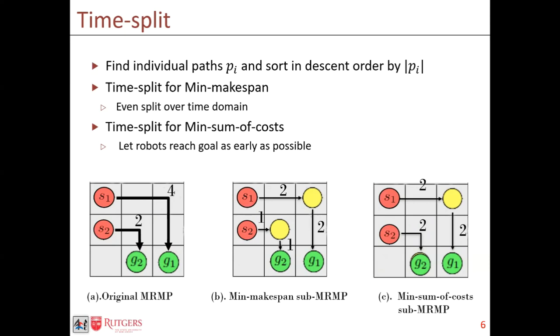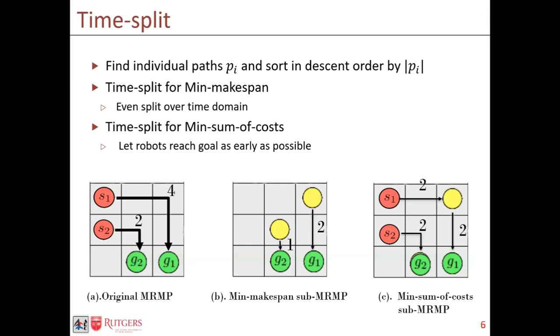If we choose the intermediate states as the second picture shows, then the sum of costs in the first subproblem is 3, and the sum of costs in the second subproblem is also 3. But the final sum of costs will be 7 instead of 6, because the robot must wait for one time step in the first subproblem.